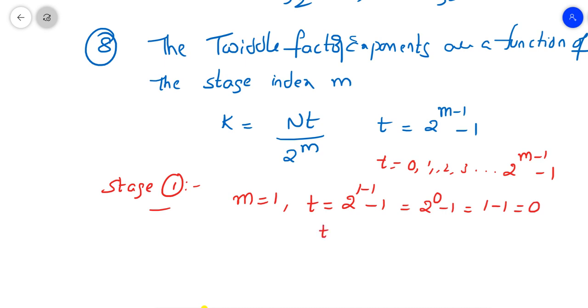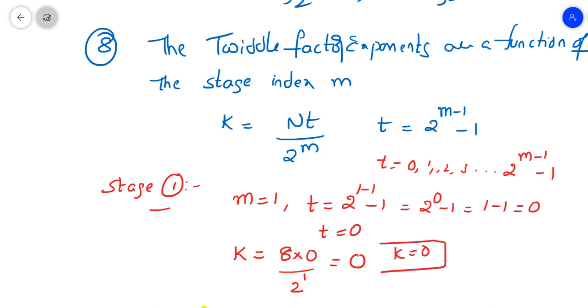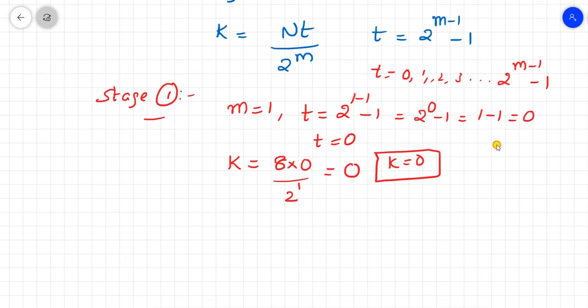So for stage index 1, m is equal to 1, t is equal to 0. Substituting m and t values in k, k is equal to n*t by 2 to the power of m, where n is 8 and t is 0, so k is 0. The twiddle factor k value obtained here is 0 for stage 1.